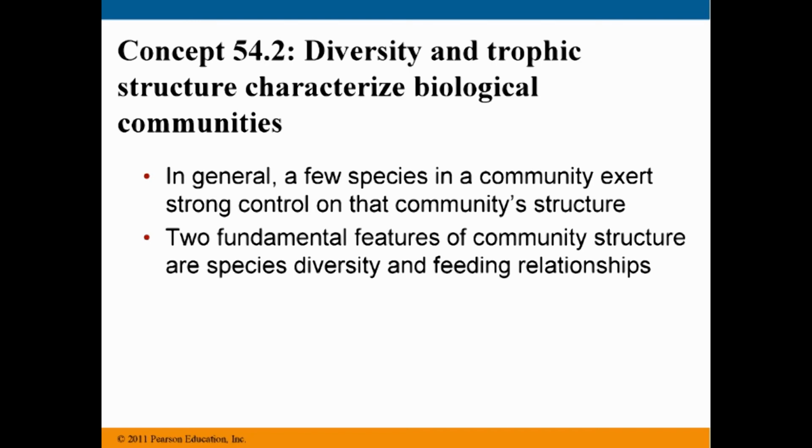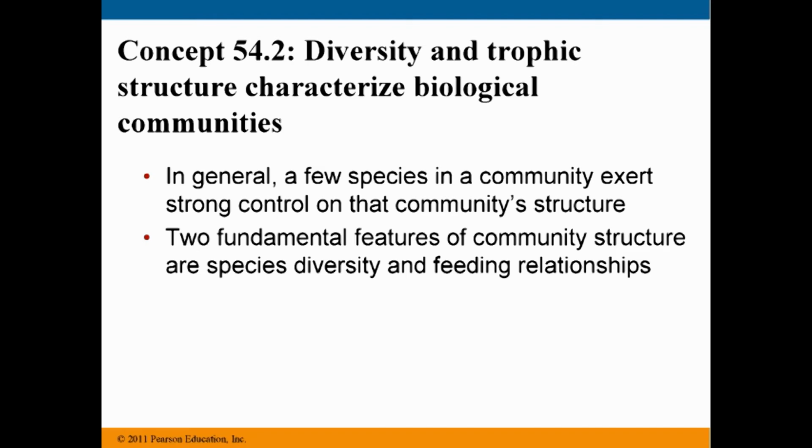Diversity and trophic structure characterizes biological communities. So you have to keep in mind, in almost any interaction, you're going to have a few species that are going to have very strong control on structure. So we're going to see a few species in a community exert strong control on that community structure.